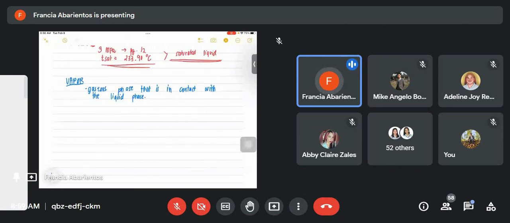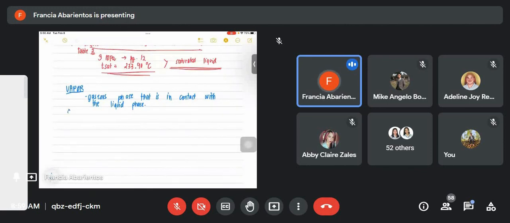Okay? So, ano-ano nga ba ang sa vapor? We have the saturated vapor. If we have the saturated liquid, we also have the saturated vapor. So, ang saturated vapor class is the vapor at the saturation conditions. This is 100% vapor.